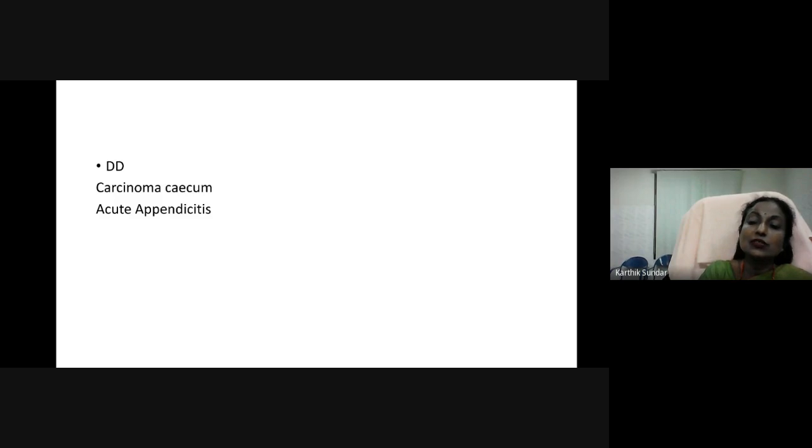So if it is a chronic mass, what does that mean? That the patient is not responding to your management. A patient presents with acute appendicitis.